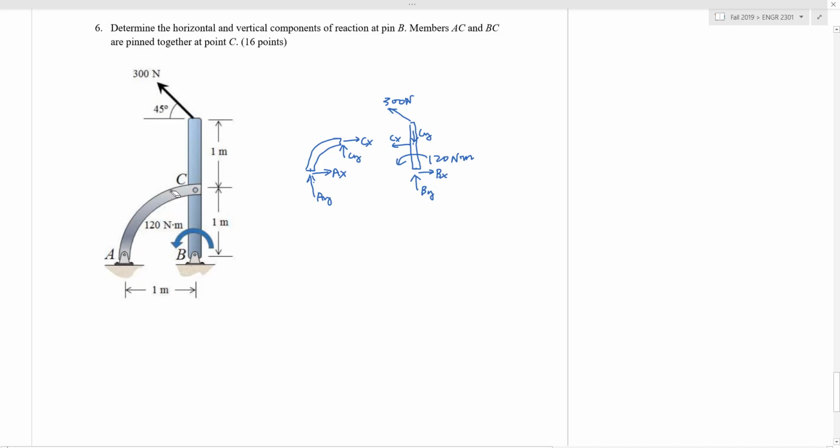You are asked to solve for the forces associated with the pin support at point B. So for that reason, you only need to draw the free body diagram of member BC alone. Okay, so recognize that this is a two-force member. We can draw only the free body diagram of member BC.